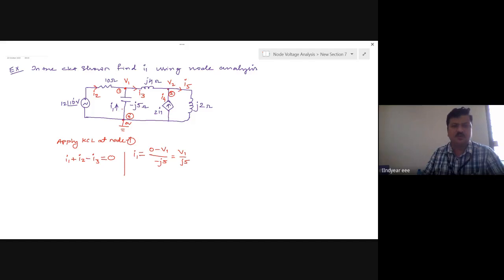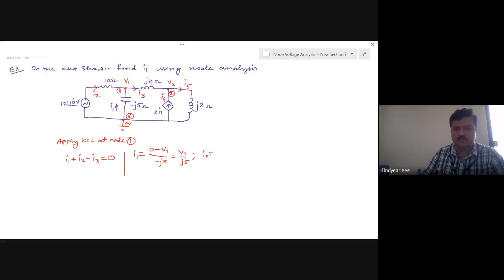The starting point should be taken as the first term and the terminal point should be taken as the second term. Now because the direction of I1 is mentioned in the example, it is flowing from the reference node to V1. So it is flowing from 0 volts to V1 volts. So that is 0 minus V1 divided by whatever impedance it has got.